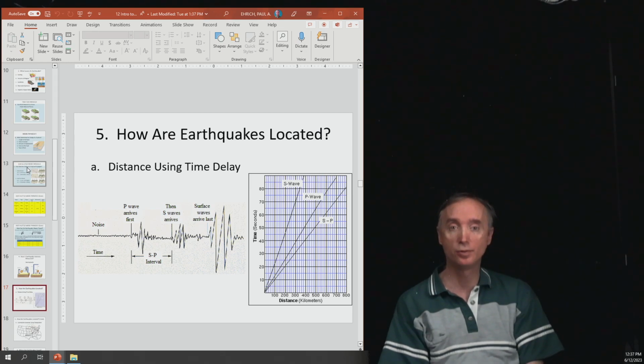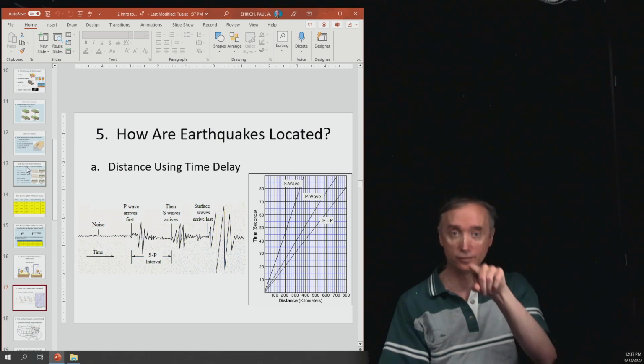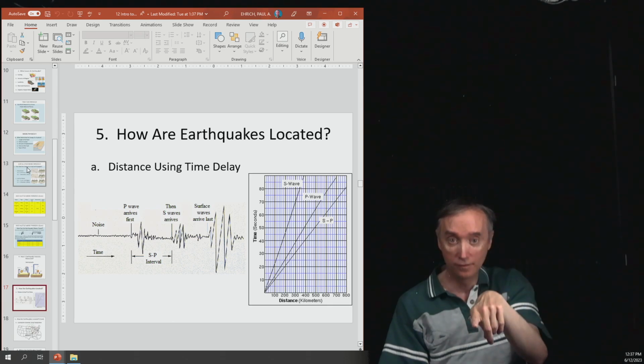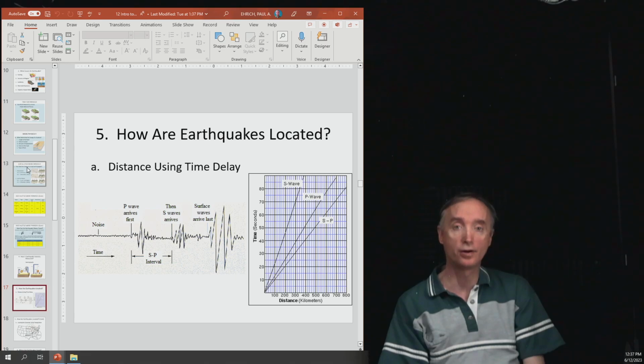So you should be able to use a graph like this, measure the time of arrival of the S and the time of arrival of the P, and then subtract the two, and then find that time difference on the graph, bounce it off the S minus P curve, and then find out how far away that earthquake occurred. So make sure to be able to do that for the exam.